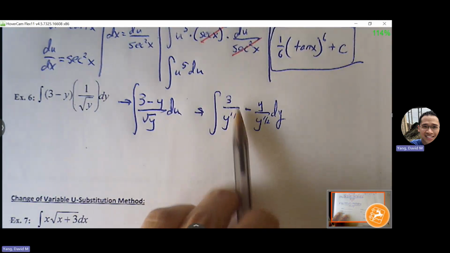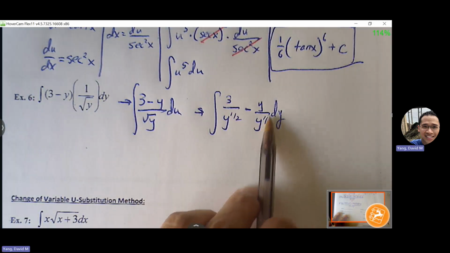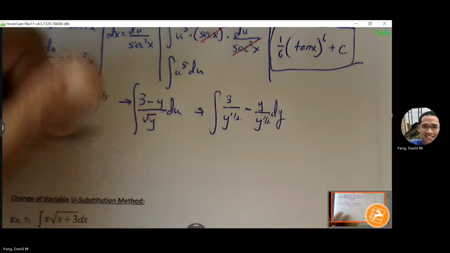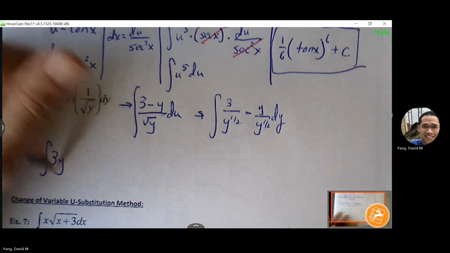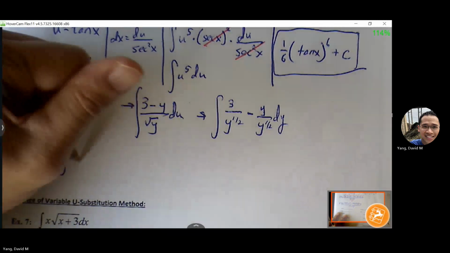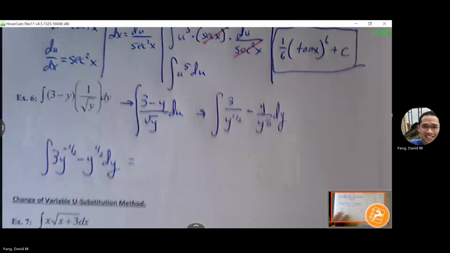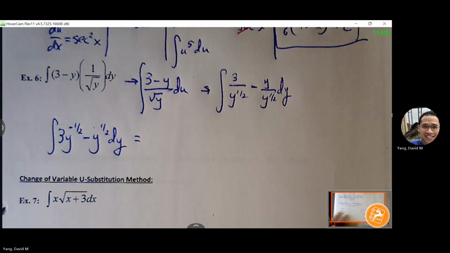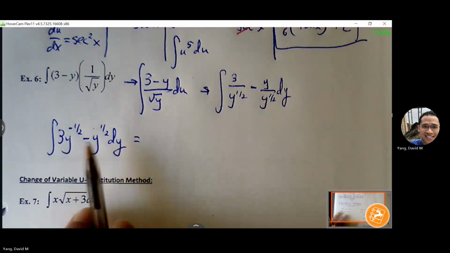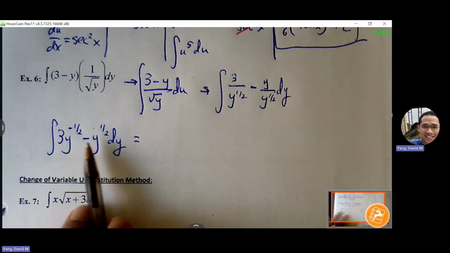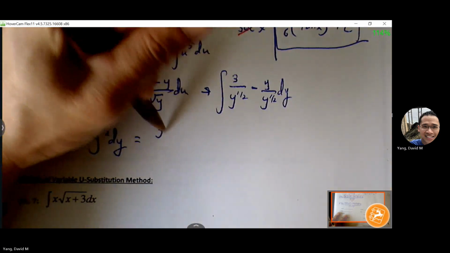I can force this y up to the top. I can subtract exponents here. Right. No need for U substitution, right? Power rule can handle this.